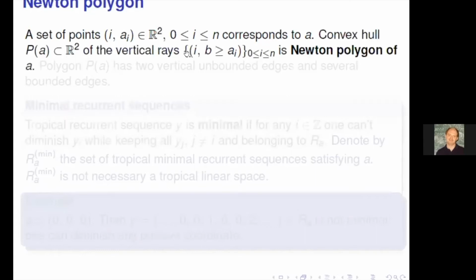They correspond to vector A. And what they form, we sometimes call the Newton graph. And if we now consider, for each point of vector A, the vertical ray starting with this point, so this is B, any B greater or equal than A_i, and we consider their convex hull, then this is called the Newton polygon of vector A.